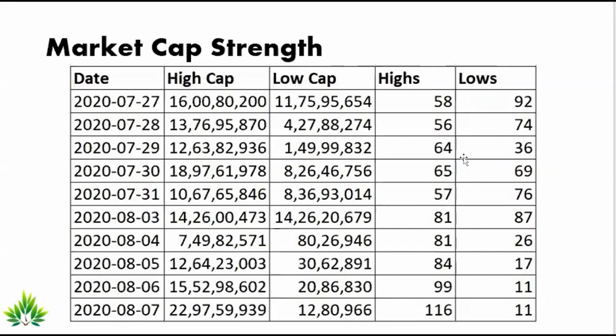Now it has fully turned in favor of bulls. On Friday, 116 stocks reached new highs, while only 11 had new lows. Of the market capitalization, we had 2,297 lakh crores supporting the new highs, while only 12 lakh crores is supporting the new lows. So a huge difference on the bullish side.